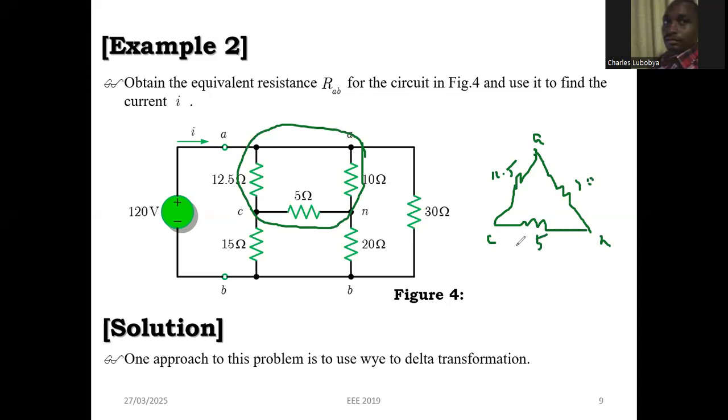So you can break this by converting it to the star, and get the middle point there, let's call it capital N. So you can calculate RAN, which is the opposite resistors, 12.5 multiplied by 10, divided by the sum of 10 plus 5 plus 12.5, which is 27.5.